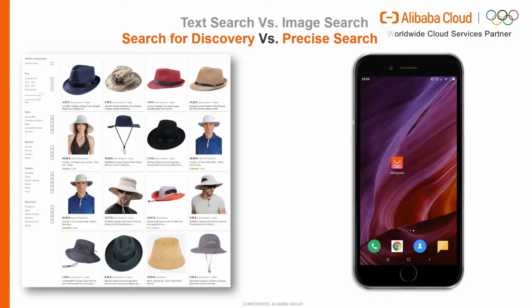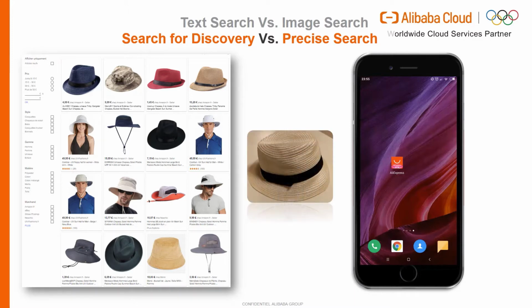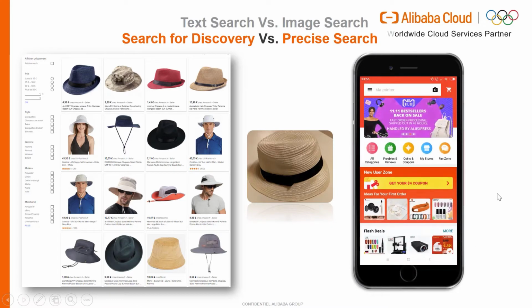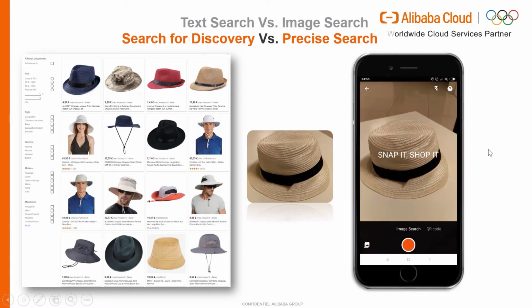And the precise search means your customer already knows what he's searching for. Sometimes they already have the photo of the product. Let me show you how it works on Alibaba AliExpress website. So the customer can use a mobile application to take a picture of the product.